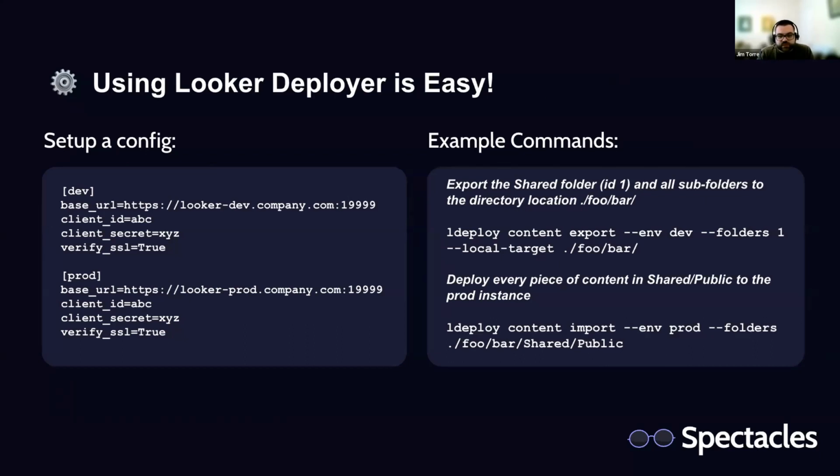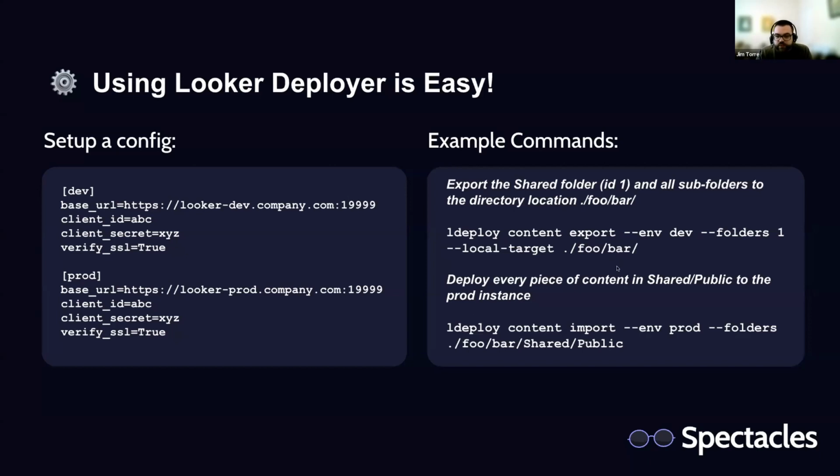Here are two examples. The first one exports everything from our shared folder in my dev environment to a folder in my local file system. So ldeploy, I'm saying content export, dev, folder 1 is my shared folder, and local target is just a folder on my local file system I want to put all those JSON files in.